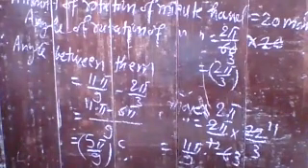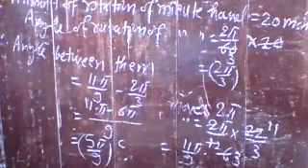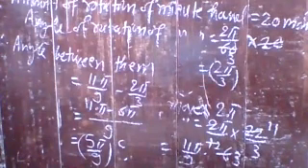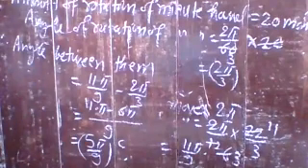RPM is given, radius is given. You have to find the distance covered in 30 seconds. So first of all, here it is given RPM. 1.32 kilometers. Yes, correct.